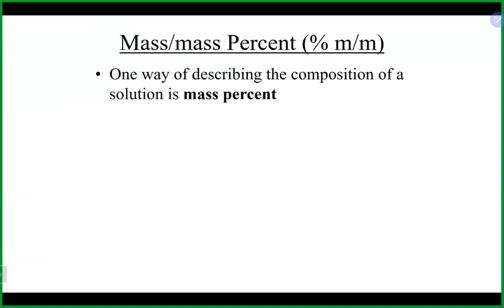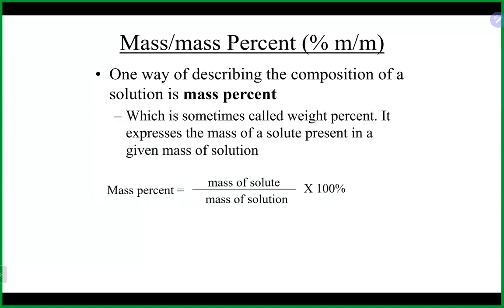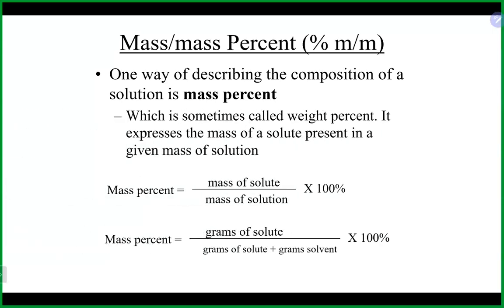Okay. All right. Let's talk then about concentrations and some important concentrations. We're going to talk about some percent concentrations here for solutions. The first one is mass percent, which is sometimes abbreviated percent m/m.